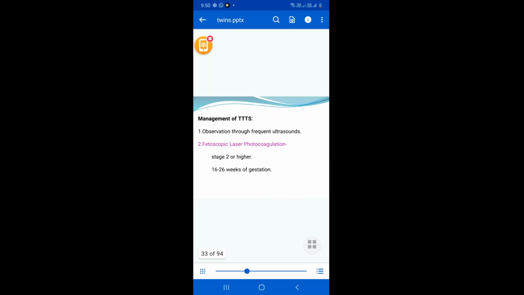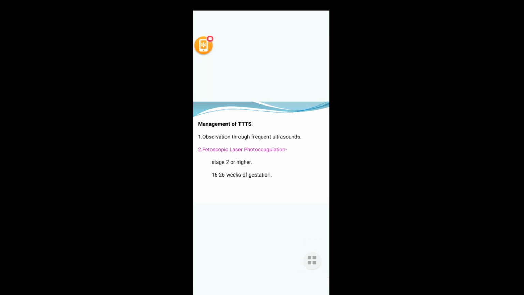Usually the management of twin to twin transfusion syndrome is observation through frequent ultrasounds. When you diagnose it, you need to go either for fetoscopic laser photocoagulation, usually around 16 to 26 weeks of gestation, or amnio reduction, which removes the excessive fluid from around the larger twin, that is the recipient twin, reducing amniotic pressure and the risk of preterm birth.